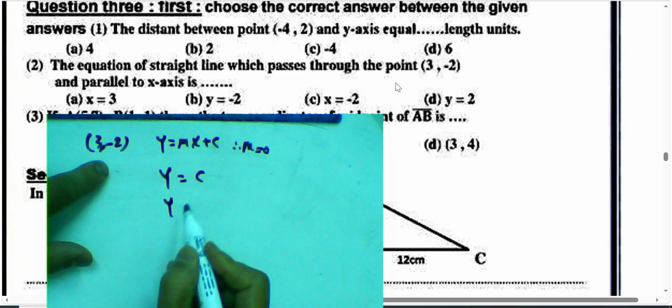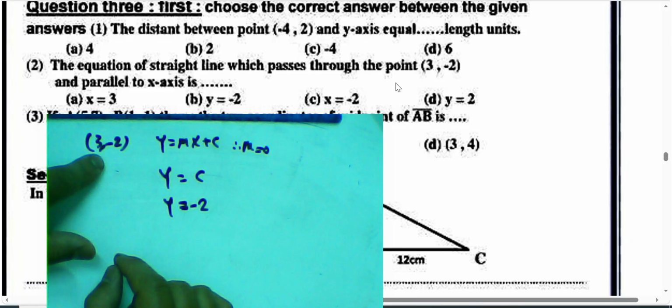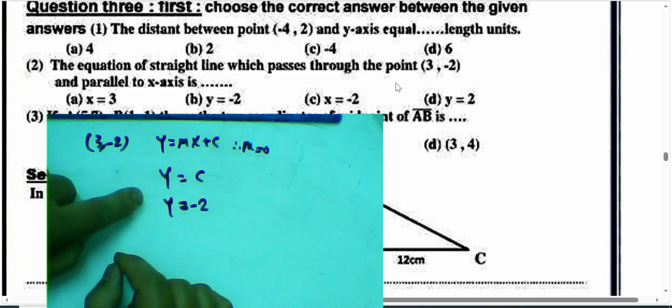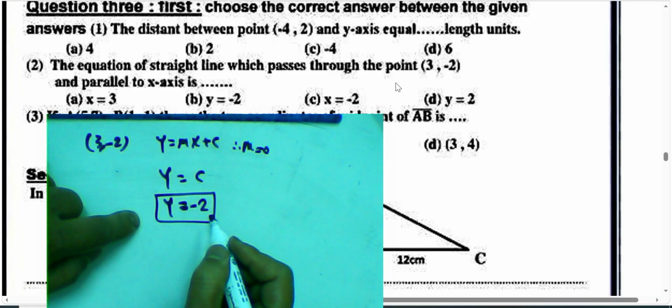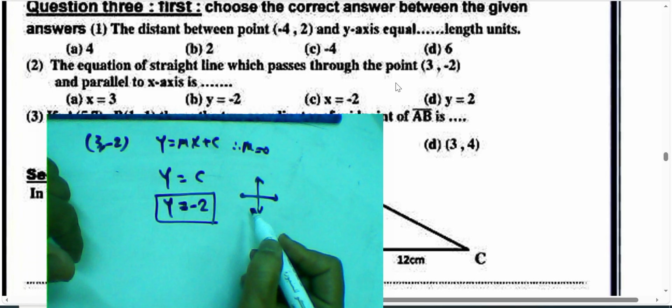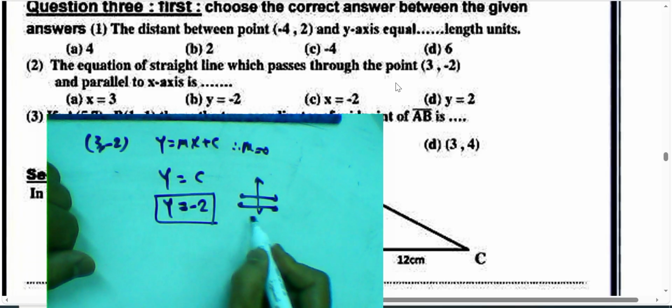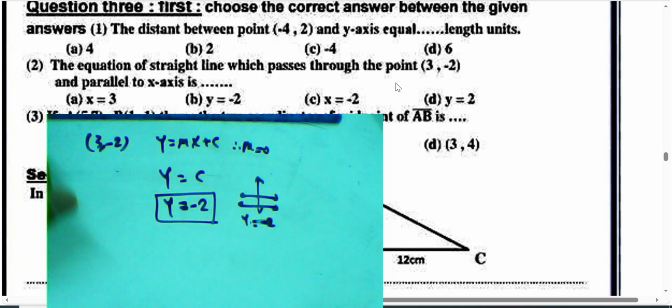If we put the point (3, -2), y will be -2. So the equation of the straight line parallel to the x-axis is y equals -2. Okay.